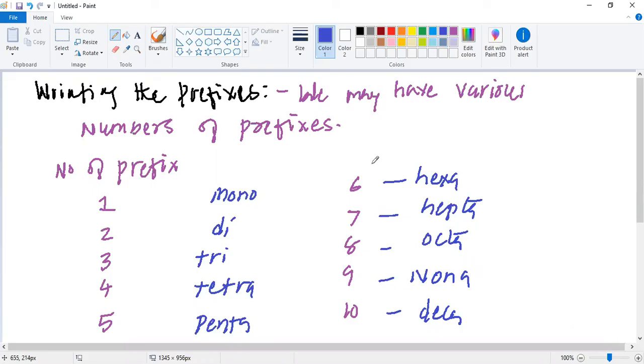If I tell you the examples, we may have dimethyl, or we may write trinitro.